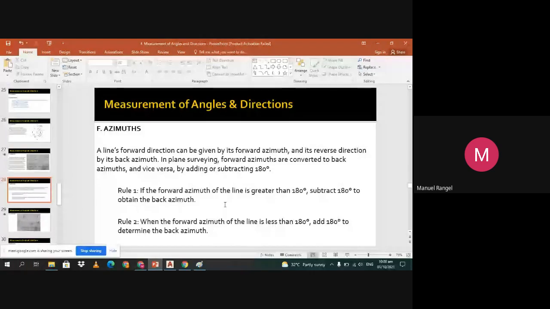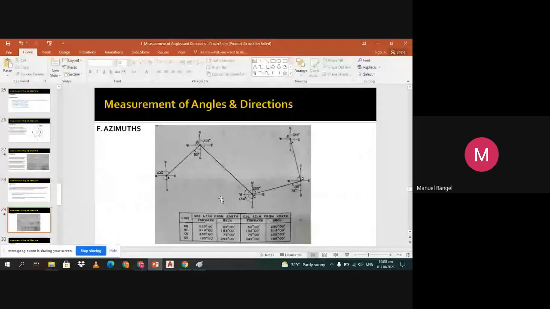Now in geometry, from this line we have the forward azimuth. This line A to B, due south. Its reference is from due south. So the forward azimuth is 230 degrees.